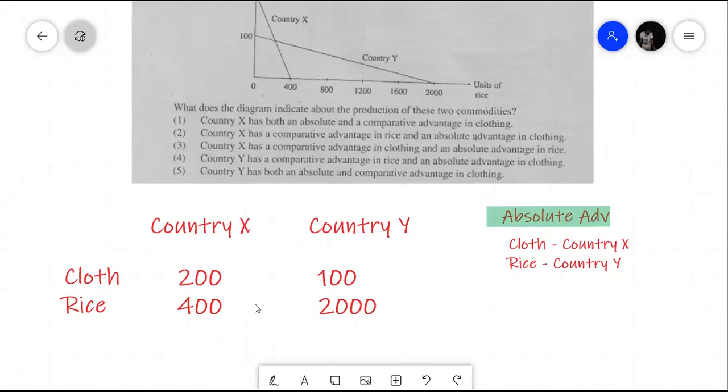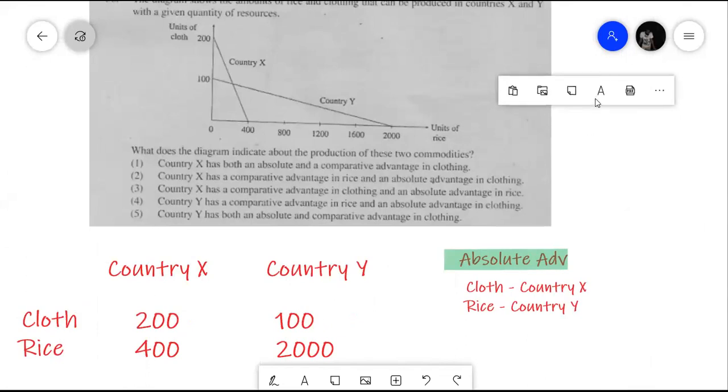So how do you find comparative advantage? Comparative advantage means whichever country can produce the good at a lower opportunity cost. So before you find comparative advantage, you first have to find the opportunity cost. Now, how do we find opportunity cost? What is the equation?